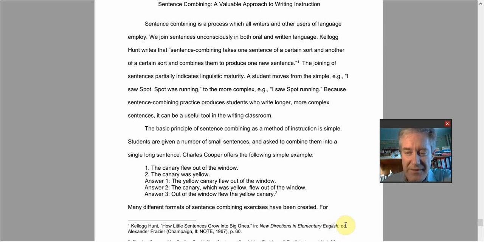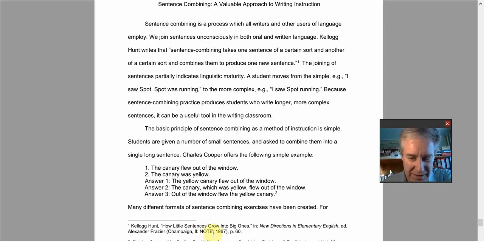Okay, we need the name of the editor of this book, a man named Alexander Fraser. And then here we have the city where it was published, Champaign, Illinois. That's what that IL is there. It's Illinois, the American state of Illinois. Then the name of the publishing company, which has this rather strange name, NCTE. Something probably like National Council of Teachers of English.